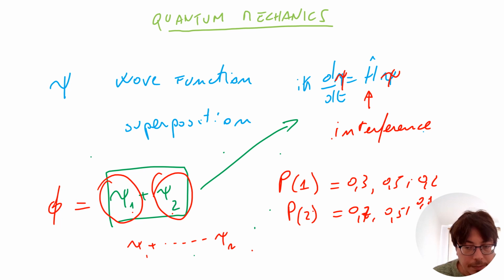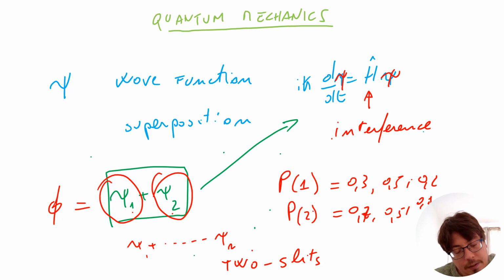Okay, so this is a bit fuzzy, I understand that, but I'll try to be clearer with the example when I talk about the two-slit experiment in the next video, where I will show what happens when you have two wave functions interfering with each other, basically in a superposition. And I will talk about the duality between wave and particle, which is closely related to the fact that we are dealing with complex numbers, but we jump to real numbers when we deal with the measurement.